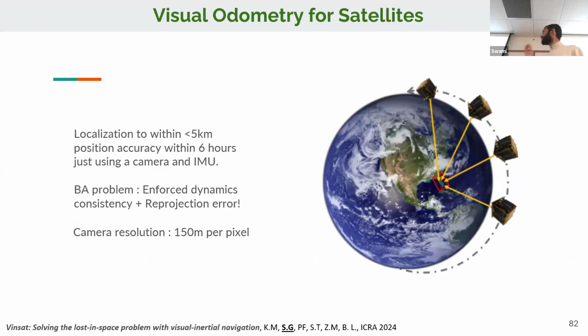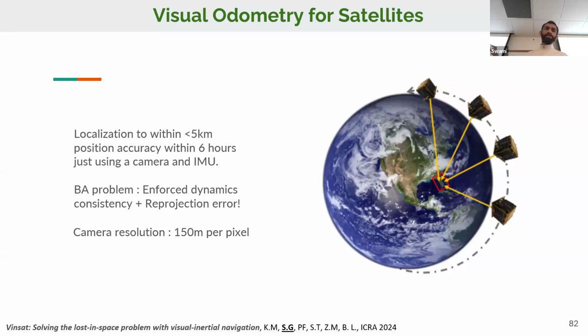We also apply some of these things to a visual odometry problem for satellites. Specifically, we're looking at the lost in space problem here, where you have a satellite with only access to a camera and an IMU, launched in space, trying to localize itself in orbit. The main difference in the bundle adjustment problem here, as opposed to what we described earlier, is that on top of reprojection error, we also enforce consistency on the dynamics of the problem, given that we have access to accurate dynamics for the satellite.